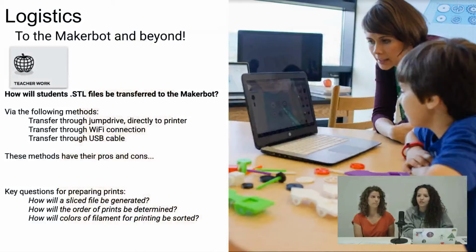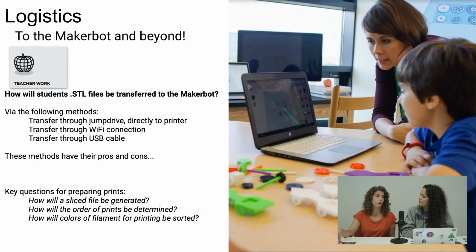And other key questions for when you're preparing your prints. How will a sliced file be generated? What a sliced file means is that it's the digital model, and our MakerBot Print software has looked at that digital model, analyzed it, and figured out how it's actually going to print all of those layers for you. Okay? So we need to figure out how that file is going to be generated, usually through MakerBot Print, and how the order of prints will be determined.